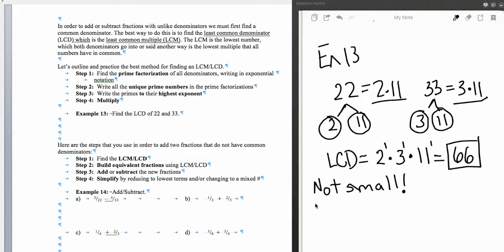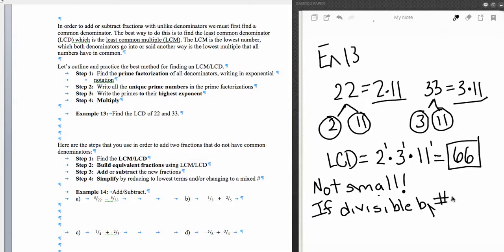The next thing that you can also do to check on least common denominators is to see if it's divisible. And when I say divisible, I mean evenly divisible by the numbers anyway.